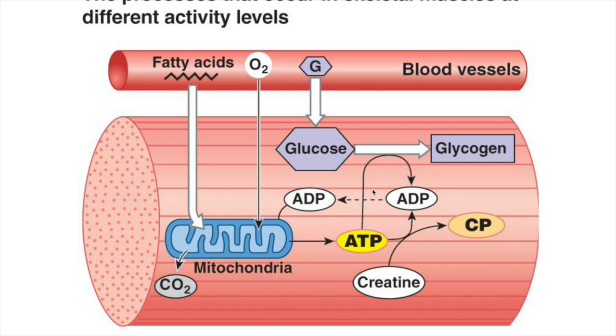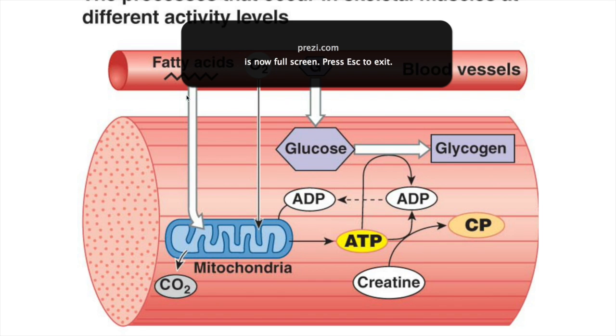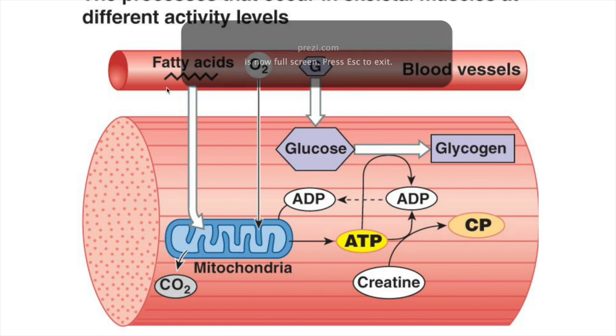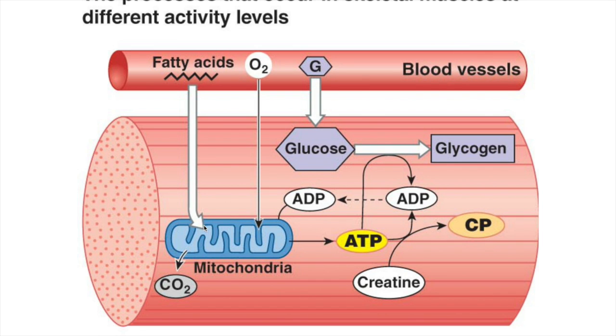Then there's another process that can occur. So we're going to use up our ATP stores first, then we're going to use our creatine phosphate, then we're going to use up our glycogen. And at rest, the muscle is using mainly fatty acids.